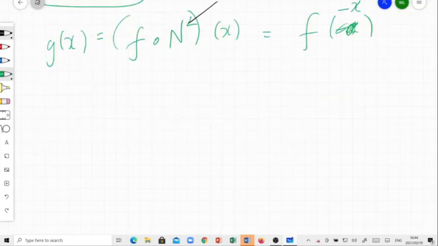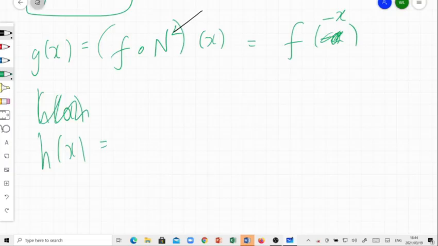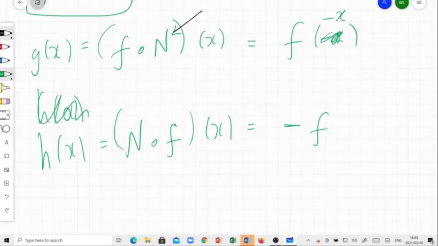So in this case, I have another function, h of x, and in this case, I just flip the order. So I get n of f of x. So in this case, it's going to be the negation of f of x, right?